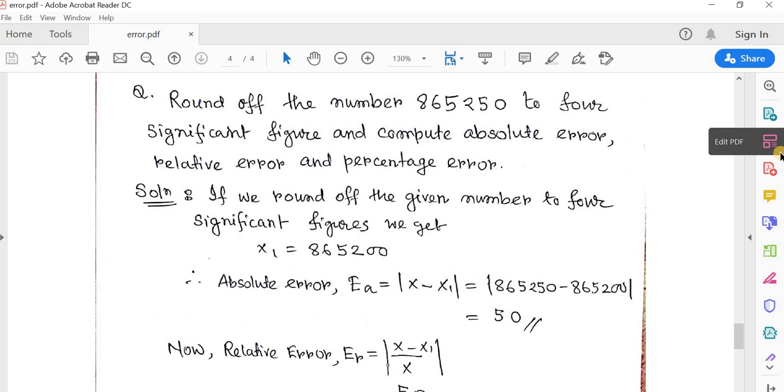If we round off the given number to 4 significant figures, we get that number x1 equal to 865200. These last 2 digits will be 00 because we have to round off up to these 4 digits. So what will be the absolute error? Absolute error will be that number minus this number, so it will be 50.